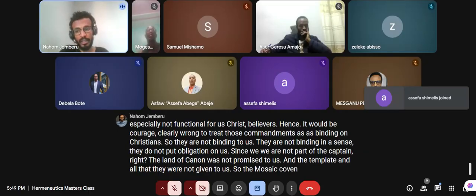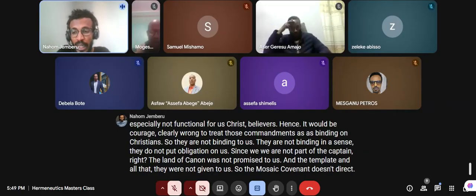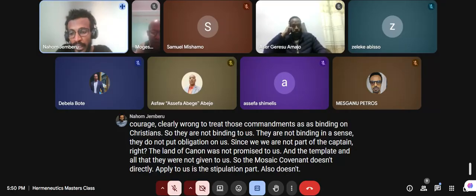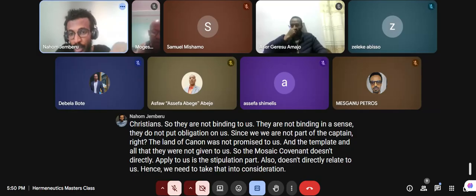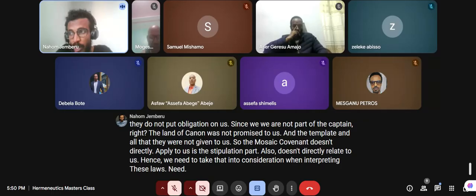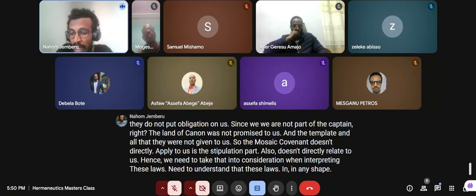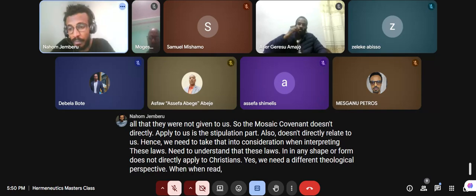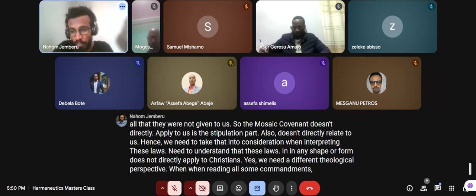So the Mosaic covenant doesn't directly apply to us. Hence, the stipulation part also doesn't directly relate to us, and we need to take that into consideration when interpreting these laws. These laws in any shape or form do not directly apply to Christians. Hence, we need a different theological perspective when reading Old Testament commandments.